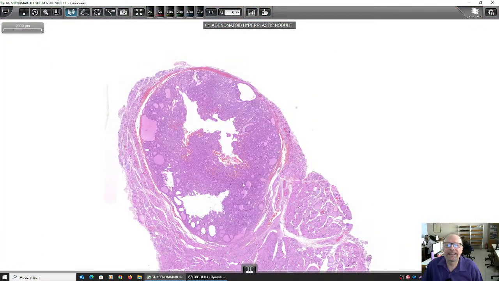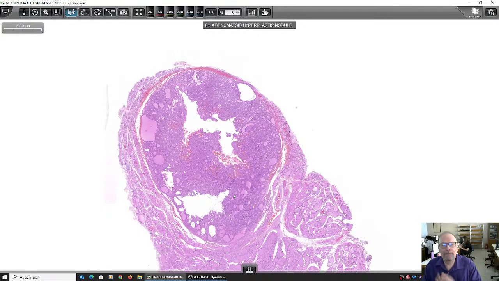That means that it is not totally encapsulated by a thick capsule that would mean that it could be defined as a follicular adenoma or carcinoma if the capsule was invaded.